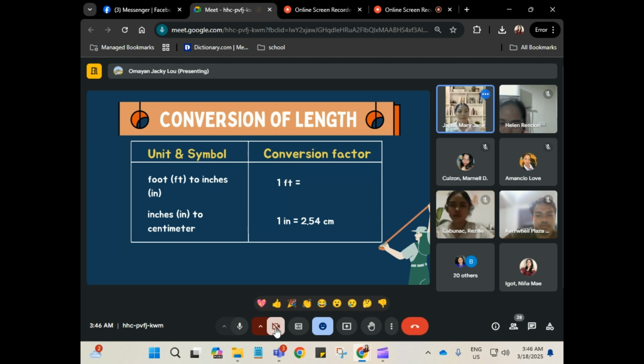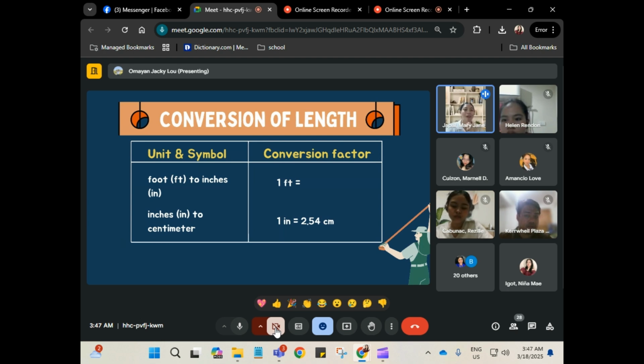Now class, foot to inches. Who can tell me how many inches are in a foot? Who has an idea, class? Any other one, class? None.